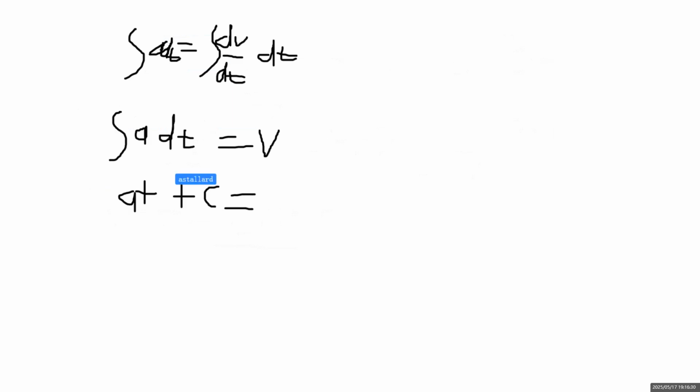is v. Now, we know that v of 0 is v naught. So v naught is c plus a times 0, which is 0. So c, the arbitrary constant, is v naught, the initial value of the velocity.